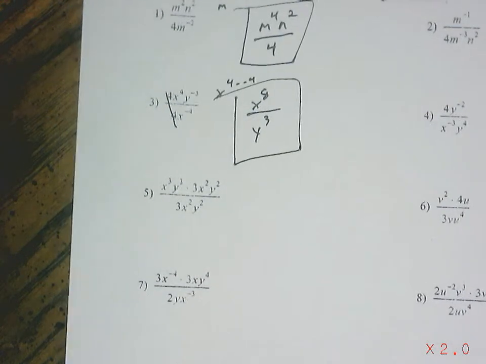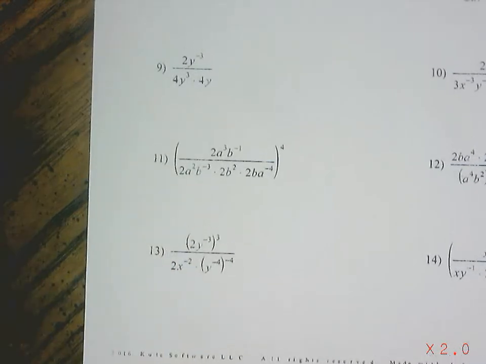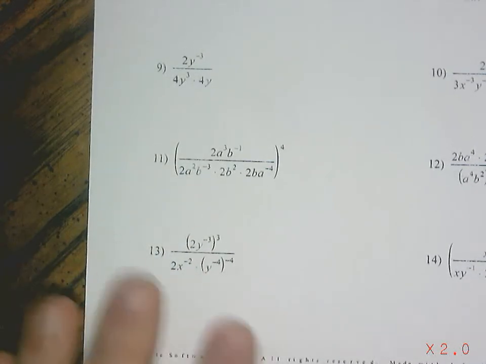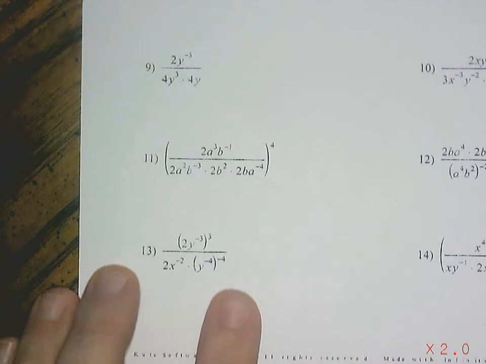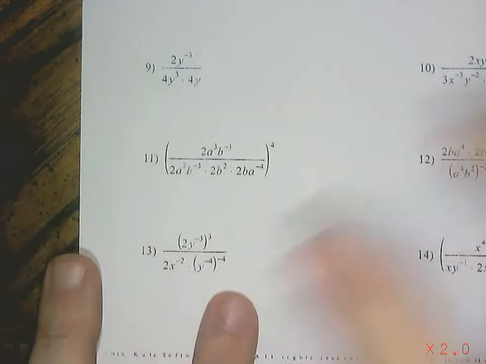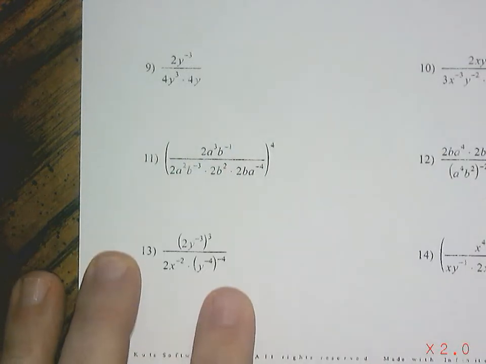Let's do another really big one down here. Whew. Yes, let's look at number 11. So number 11, there's a lot going on here. Generally, with the exponent rules, you kind of follow the order of operations.